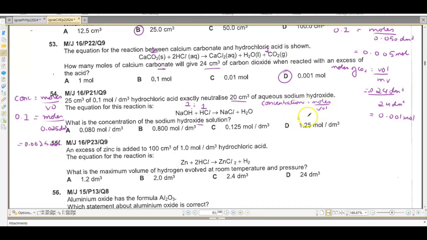Moles are 0.0025 and the volume is 20 centimeter cube, so 0.02 decimeter cubes is going to be the volume over here, and the concentration is going to be 0.125 mole per decimeter cubes. So C is the correct answer over here.